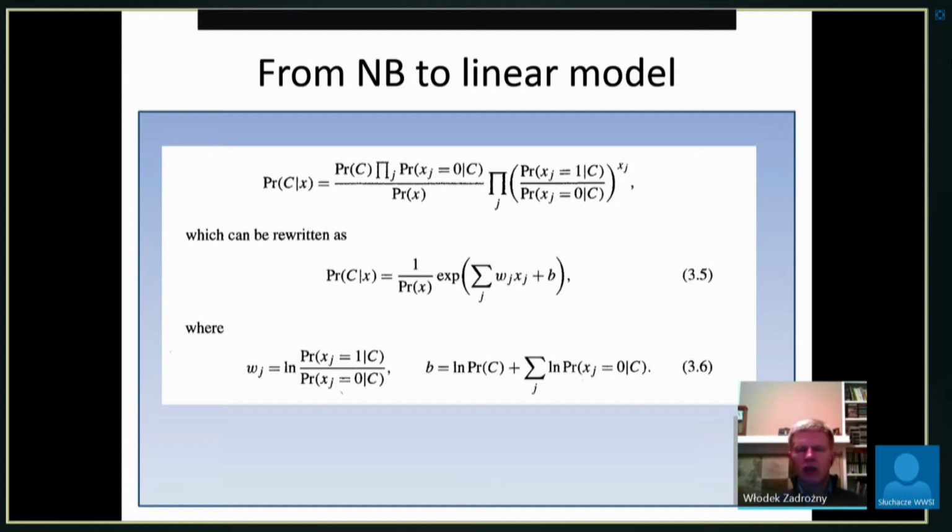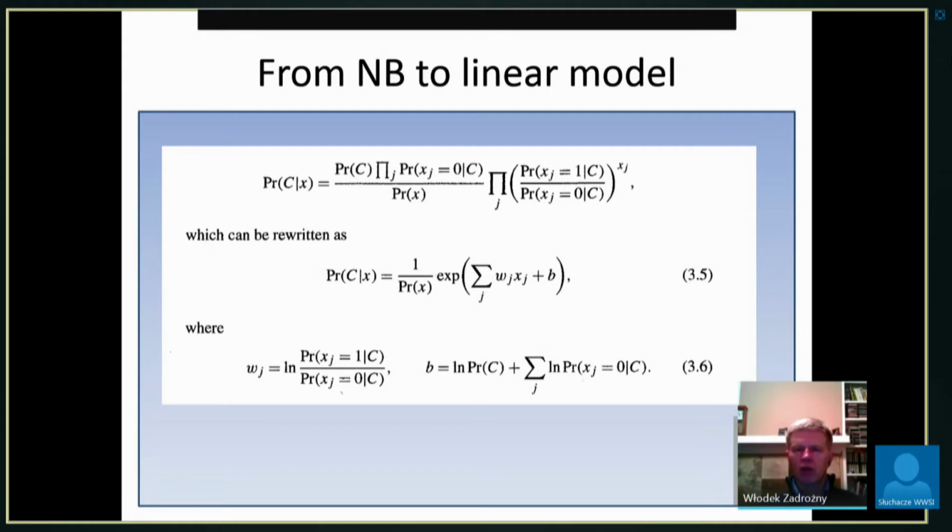So this is a general passage from one to the other. You can try to do the computation yourself. Just keep in mind that you have to consider two cases, one when xj is 0 and one when xj is 1.